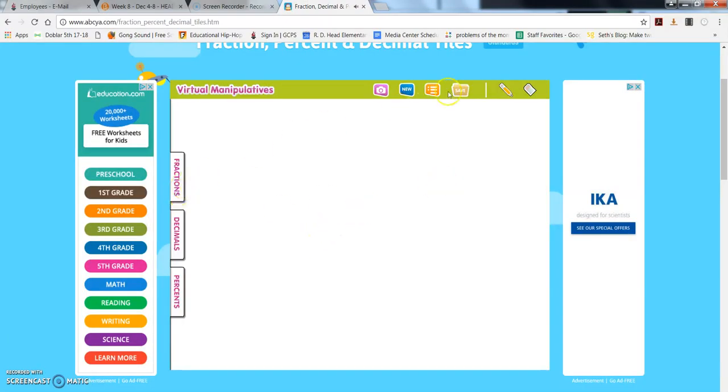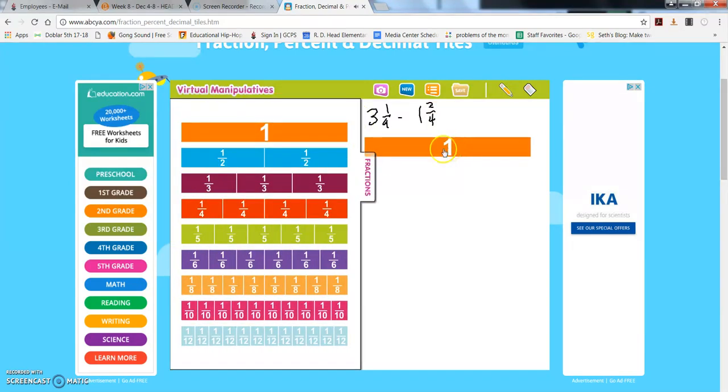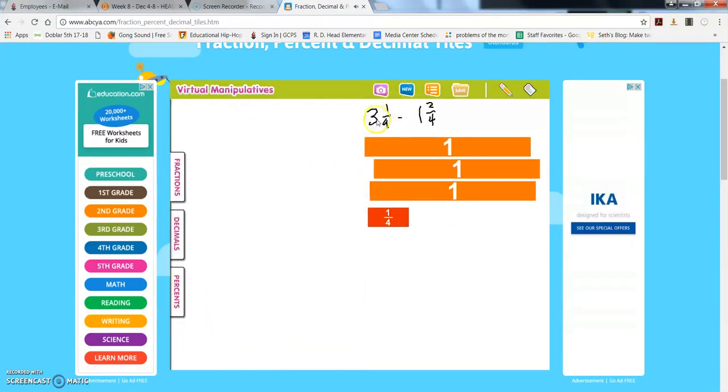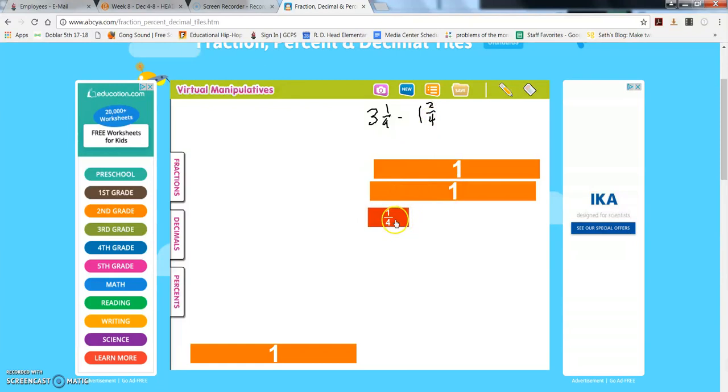So let me show you how the model would work here. So I'm going to want to go 3 1/4 minus the 1 2/4 that she gave away. Alright, so let's set that up. 1, 2, 3, 1/4. And so what I need to do, I need to take away one whole. That's easy. And I need to take away 2/4. But I don't have 2/4. I only have 1/4.